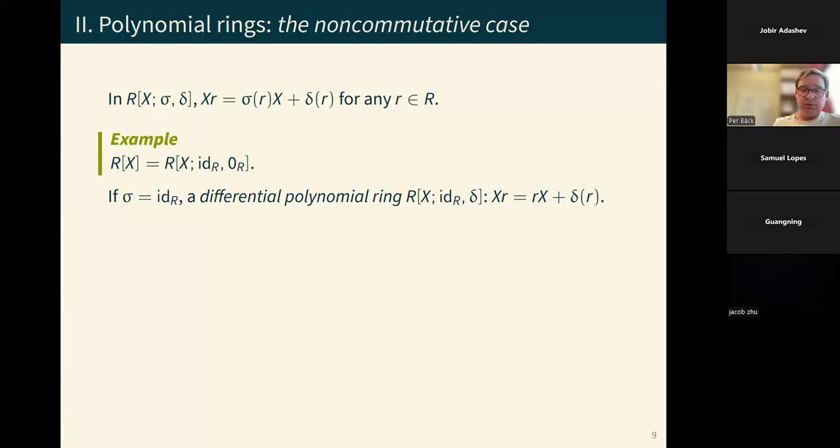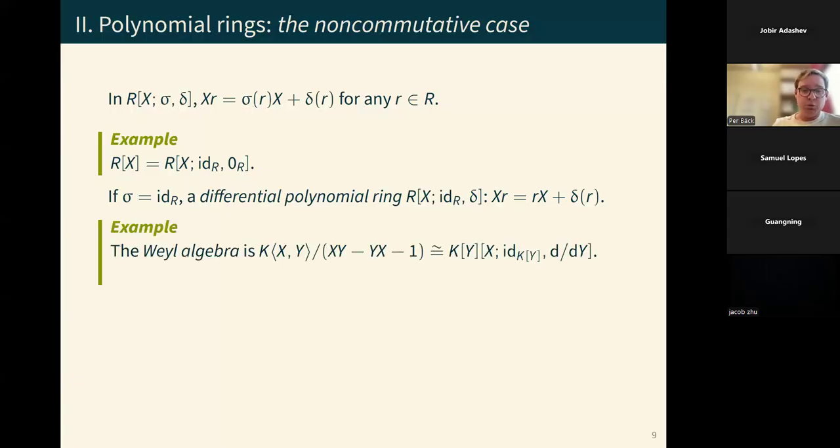There are many rings that satisfy this rule. The most famous, I think, is the so-called Weyl algebra. This is the free algebra on two letters x and y over some field k, modulo the commutation relation that x times y is equal to y times x plus 1. This is simply isomorphic to an iterated Ore extension or generalized polynomial ring.